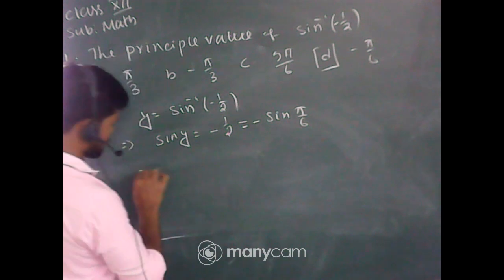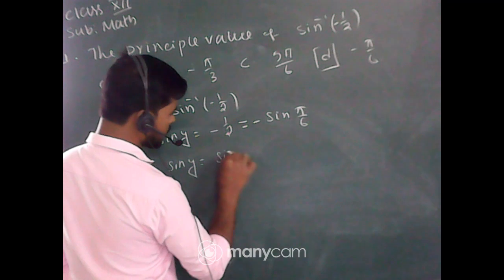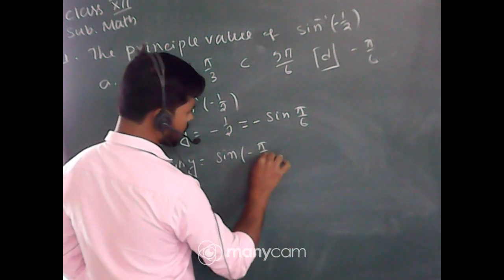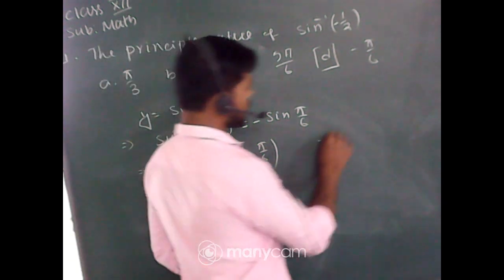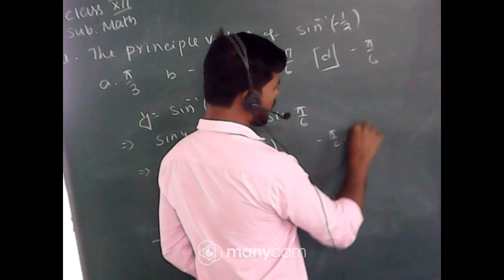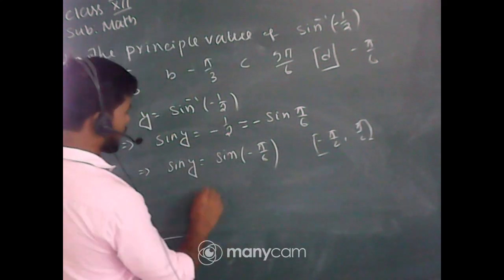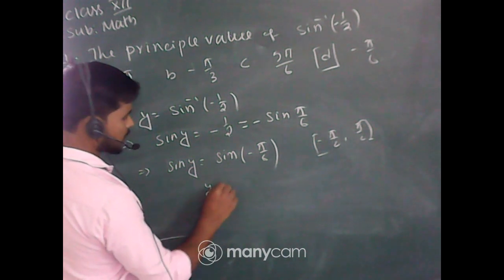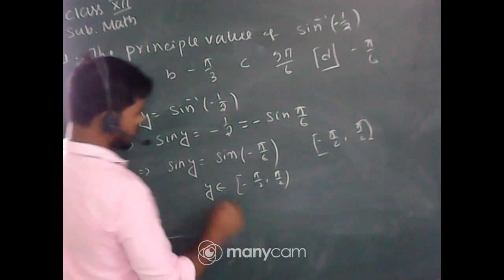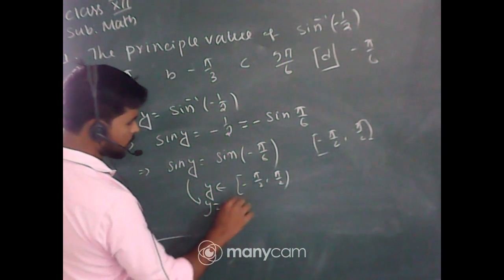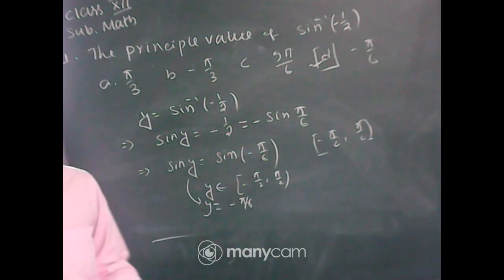That means sine y can be written in the form sine of minus pi by 6, and as we know the range of sine inverse x is minus pi by 2 to pi by 2, so the value of y must belong to minus pi by 2 to pi by 2. Okay, so the value of y will be minus pi by 6. So option D is the correct one.